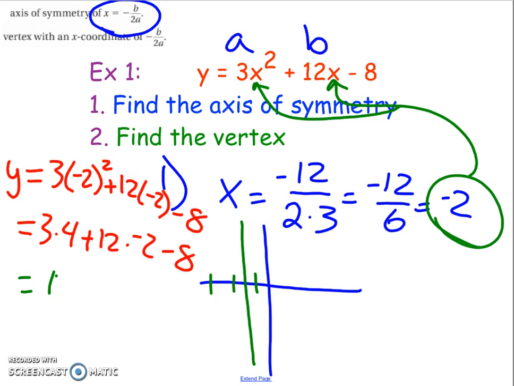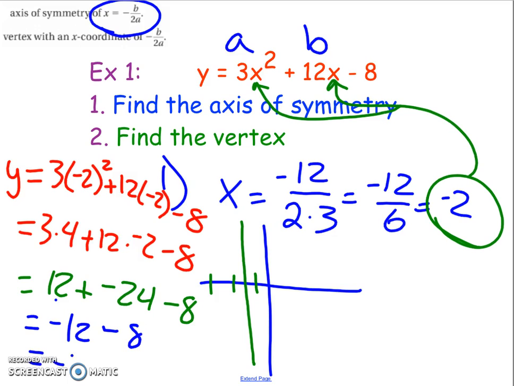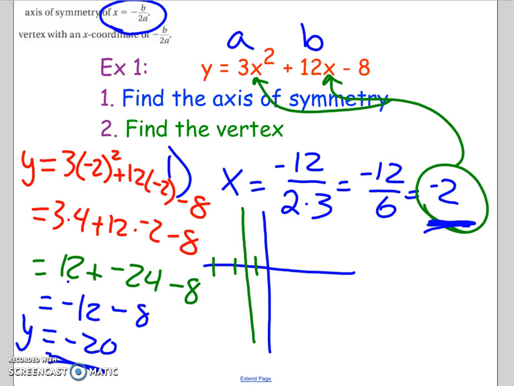So I've got 12 plus negative 24 minus 8. 12 and negative 24 is going to be negative 12, and negative 20. So that means when my x value is negative 2, my y value is negative 20.